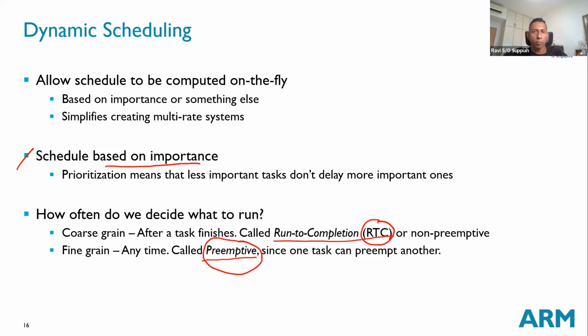Run to completion means a task, once it has started, will run until it finishes, and then the next task will take over. If it is preemptive, that means when a task is running, I can actually stop it halfway and allow somebody else to take over.